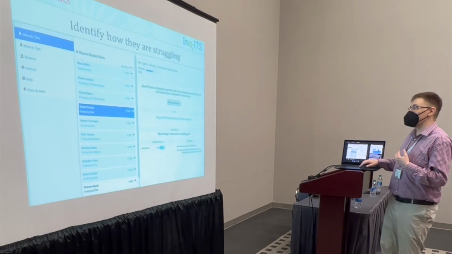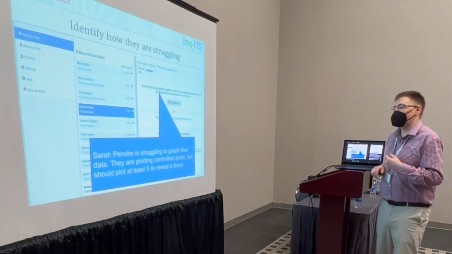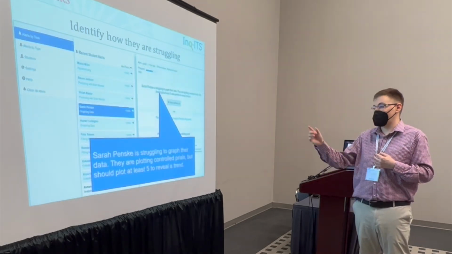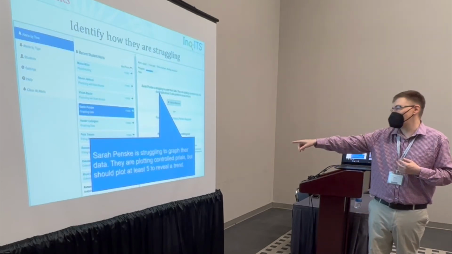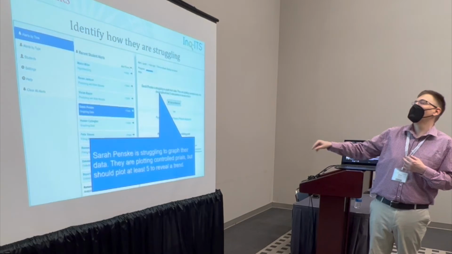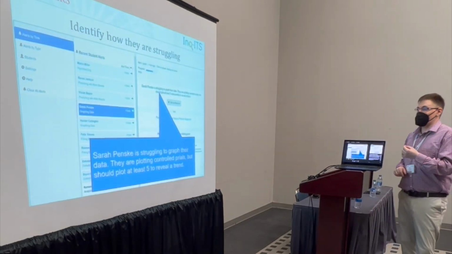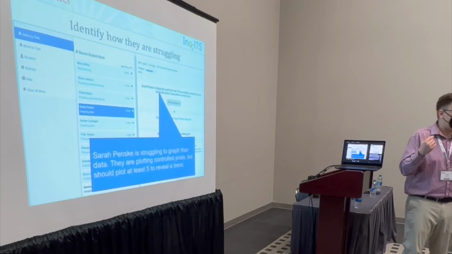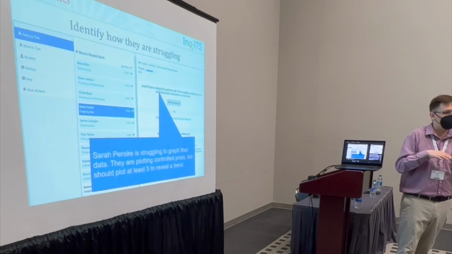When you click on a student's name, and they're in the process of graphing their data, it'll tell you that Sarah Pensky is struggling to graph their data. Why? They're plotting controlled trials, but should plot at least 5 to reveal a trend. These activities are automatically assessing all the choices that students make. I probably didn't underscore this enough.